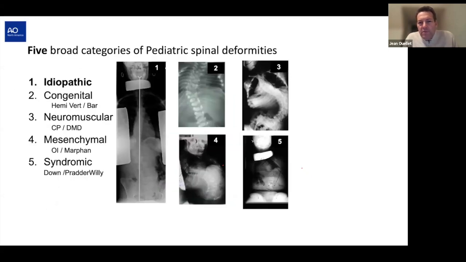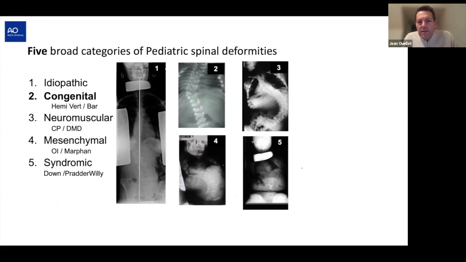If you look at spinal deformities, you can break them down into 5 broad categories. There's idiopathic scoliosis, congenital scoliosis, and neuromuscular, which has 2 subcategories, looking at spastic or neural component versus muscular abnormalities. I like to also broaden this to other categories, which is mesenchymal, which is really the building blocks of the skeletal construct.